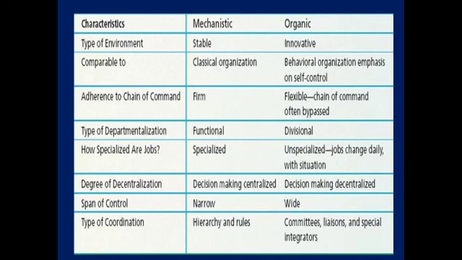Span of control: it is a narrow span of control in the mechanistic organization, but in the organic it is wider. Type of coordination: in the mechanistic we have hierarchy and rules that should be followed strictly. In the organic there is a committee, and a special integration will be there.